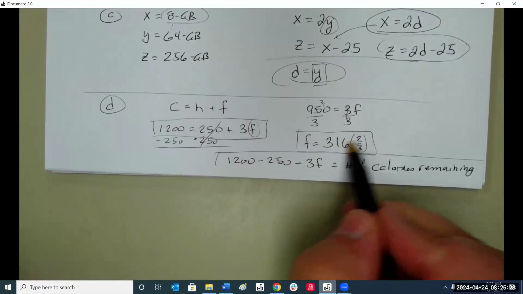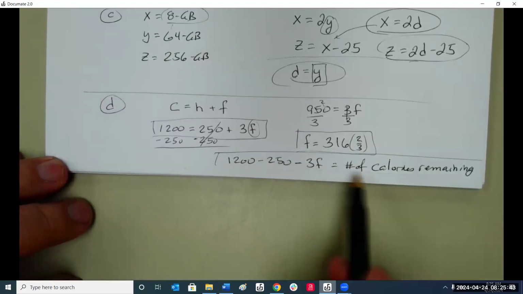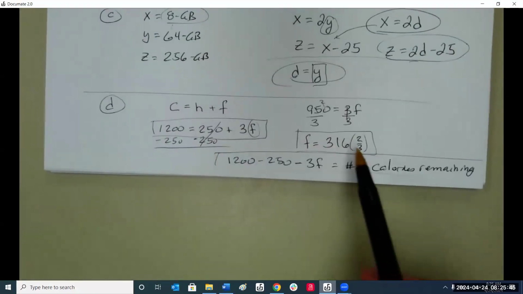So the most he can eat are 316 fries, which he's not going to do, unless he's gotten big for a reason. So this tells us the number of calories left. This one tells us the number of fries he can have.